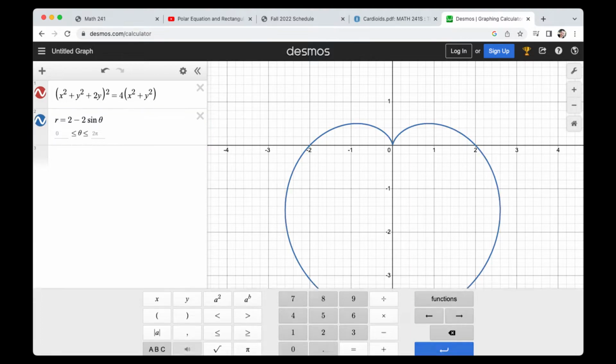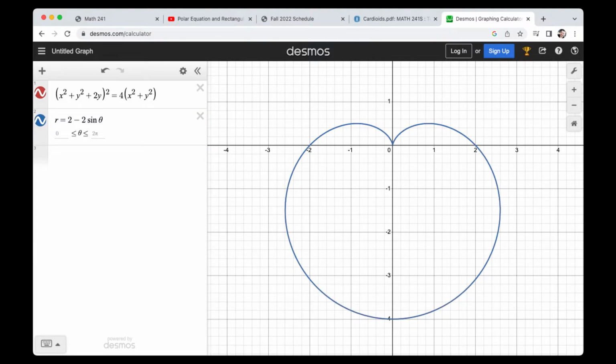Look at that, ladies and gentlemen. Toggle on and off, on and off. This is the polar version.